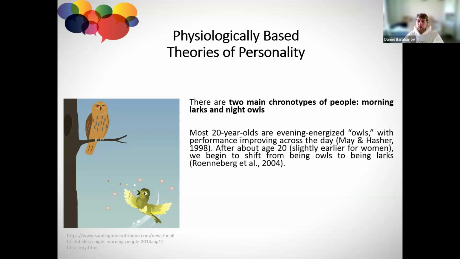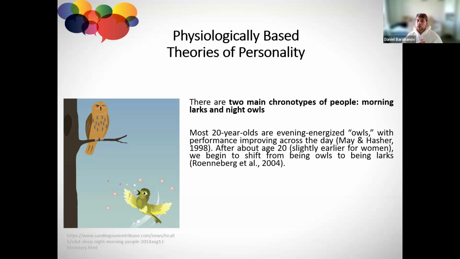So most young people around 20 years old are prone to be more like night owls. But after that, slowly people become more and more like morning larks.